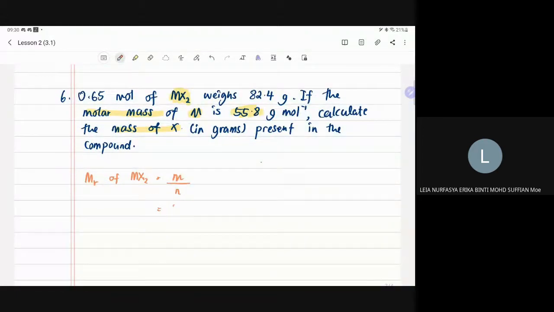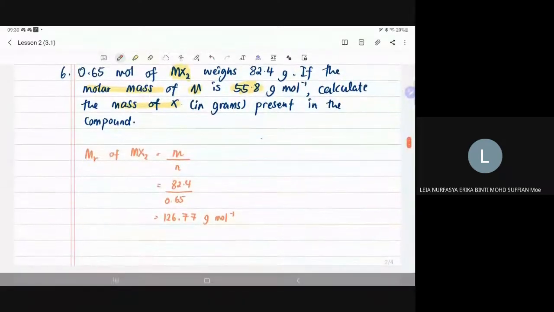You should get 82.4 divided by 0.65. You should get 126.77 grams per mole.